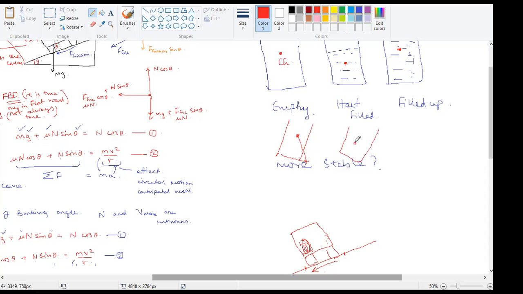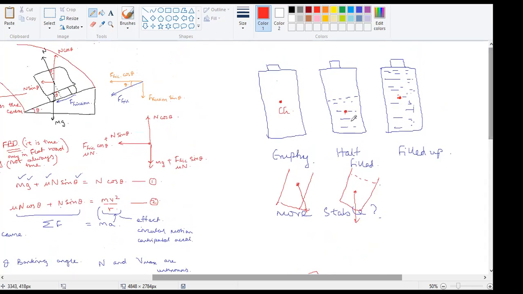If the center of gravity is at a very lower point, then it will be falling inside the base. So this is the concept of stability. So that means we like to keep the center of gravity as close as possible to the ground.